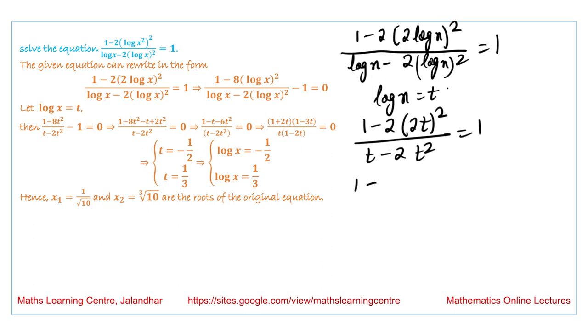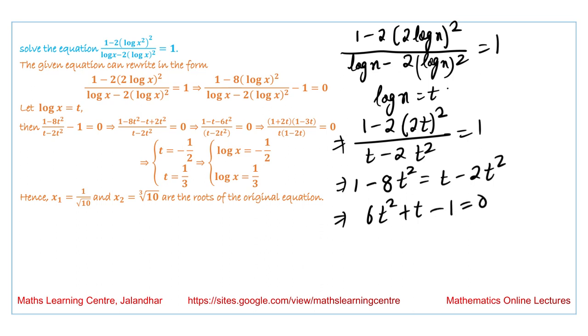So we get 1 minus 8t square is equal to t minus 2t square. If we shift these terms to this side, we get 6t square plus t minus 1 is equal to 0. And we have the condition that t minus 2t square is not equal to 0. It means t into t minus 2 is not equal to 0. So t is not equal to 0 or 2.